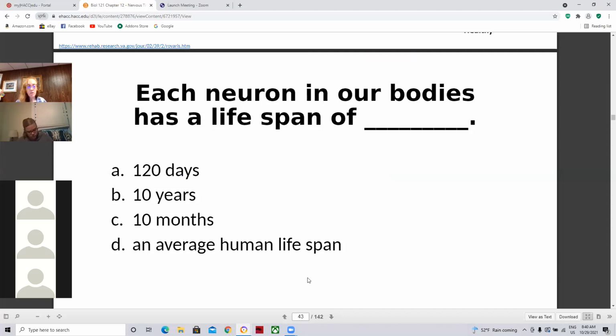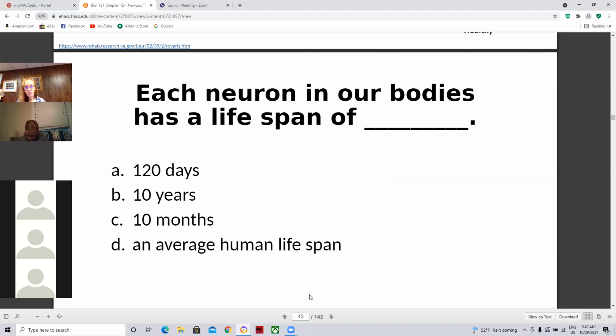Do they undergo mitosis? How often do you see tumors that are forming from the neurons?